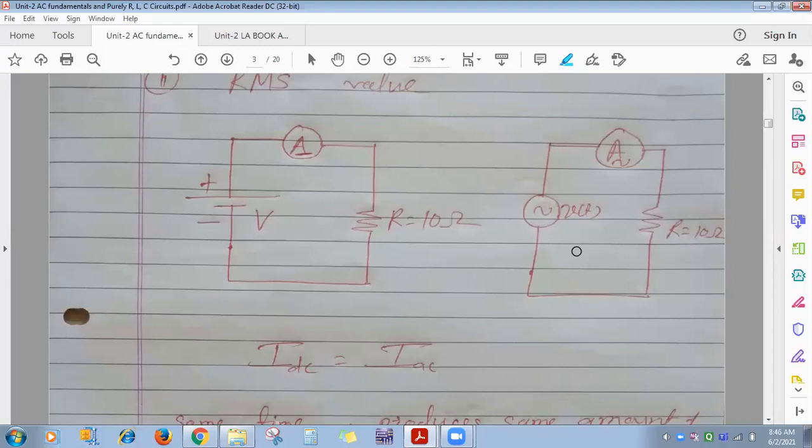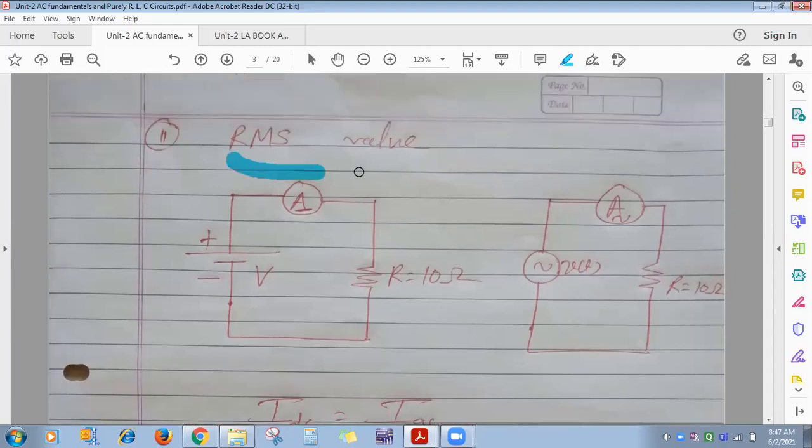Find the current flowing in the circuit. So what are the supply specifications given? Single phase 220 volt 50 hertz AC supply. Whatever voltage is given here, 220 volt, you have to consider as the root mean square value of the supply voltage.